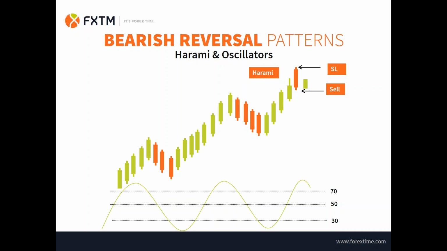Very good. Stop loss. Never forget your protective stop loss to protect your capital. And in this case, we place our protective stop loss at the high level of the long candlestick. So one more time to explain the RSI.